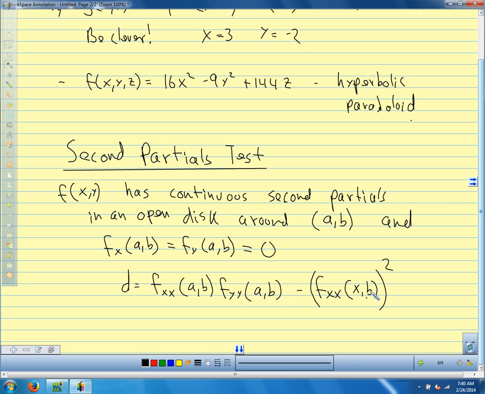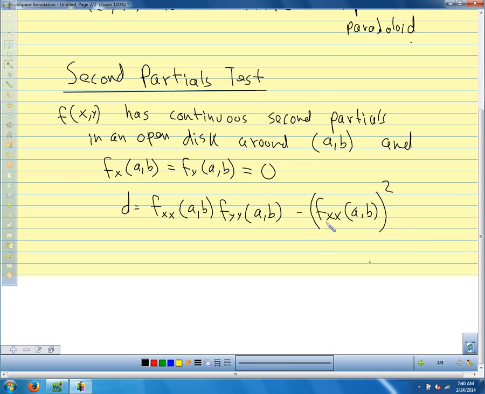We find this discriminant at the point (a, b): the second partial with respect to x, the second partial with respect to y, and the mixed partial, squared.